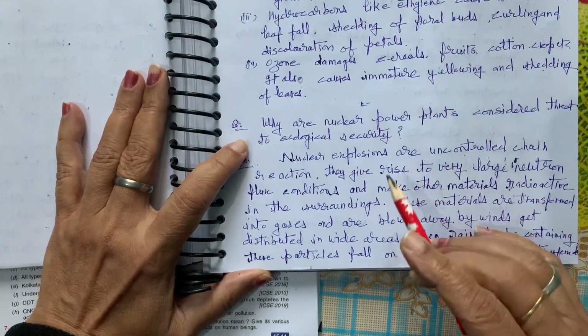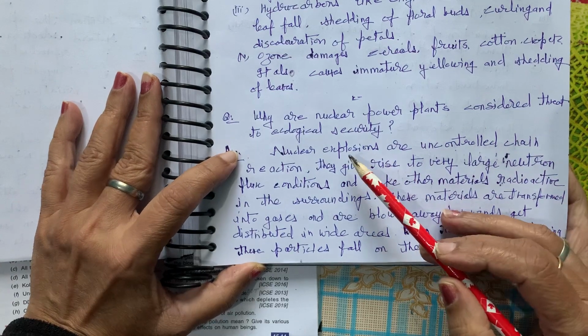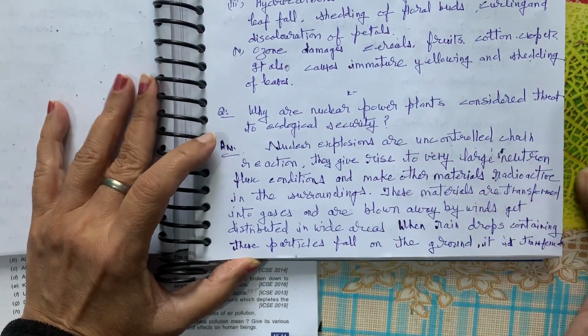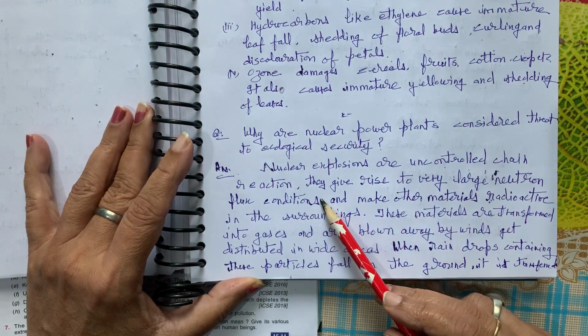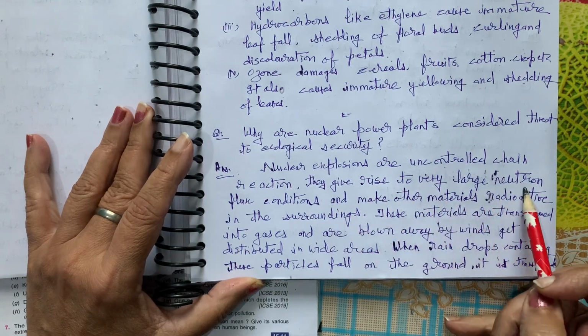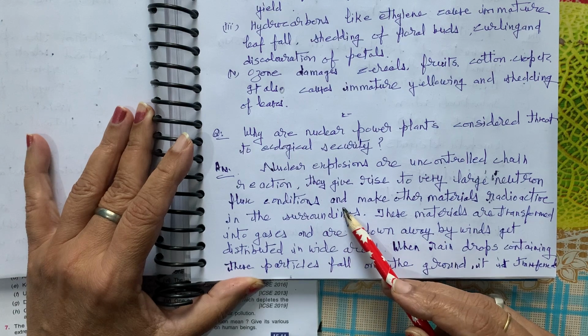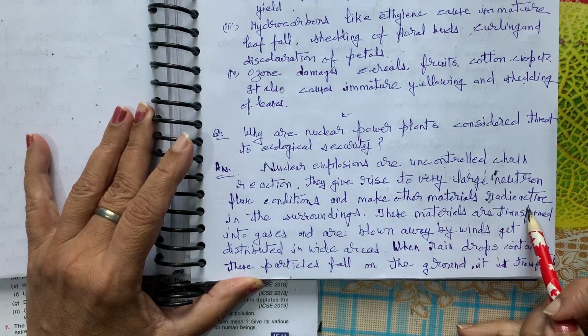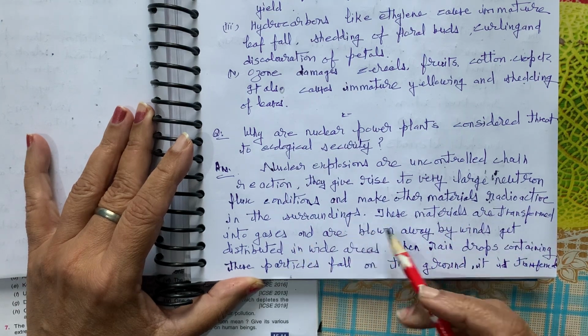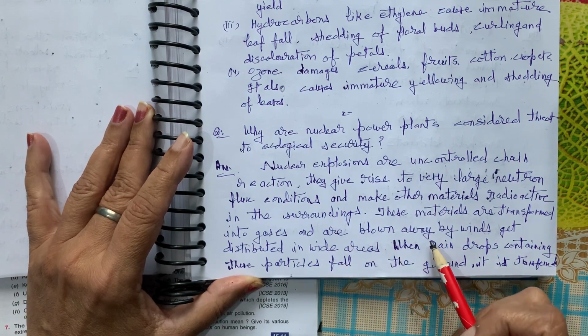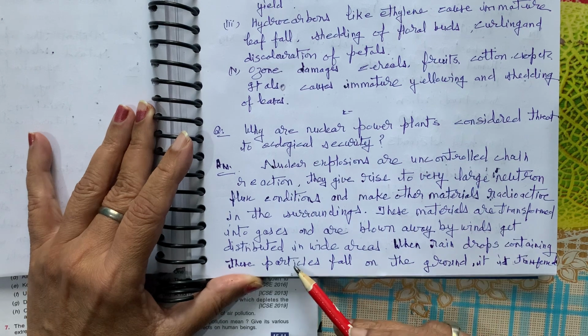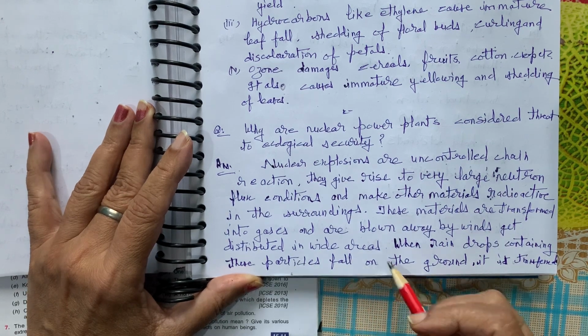Why are nuclear power plants considered a threat to ecological security? See, nuclear explosions are uncontrolled chain reactions. They give rise to very large neutron flux conditions and make other materials radioactive in the surroundings. These materials are transformed into gases and are blown away by wind, getting distributed over wide areas.